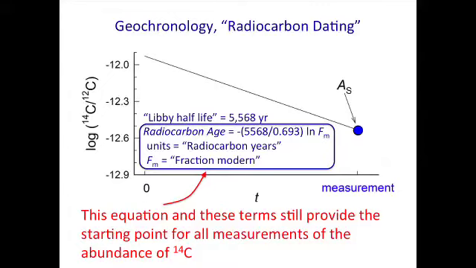It's approximately correct, but not exactly. It's interesting that even though I just had to say it's approximately correct, we still use the Libby half-life to calculate radiocarbon age expressed in radiocarbon years, which you can be warned are different than real years.